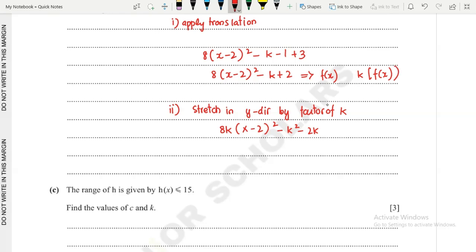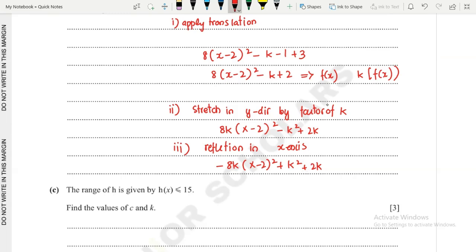Okay, and then at the last we have to do the reflection in x-axis. So just multiply by negative sign, so it becomes minus 8k into (x minus 2) whole square plus k square plus 2k. Okay, so let me just correct this, this was positive.